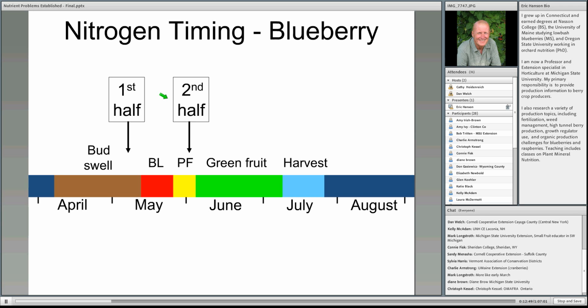And what this typically does for us is provides nitrogen available to the plants during the early rapid growth flush from petal fall through green fruit. And then the second application later in the season tends to maintain adequate levels through the harvest period.